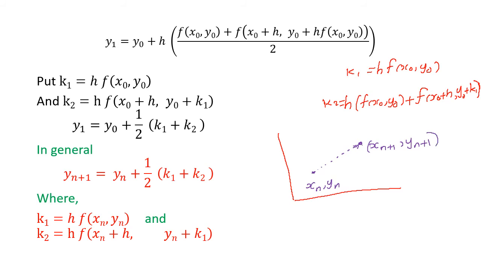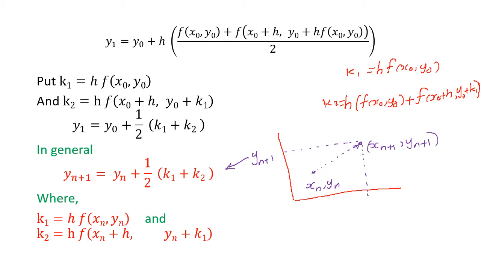That means you can evaluate the value of the function at xn plus 1, that is yn plus 1, using this formula. How will you calculate yn plus 1? Yn plus 1 is given by this formula, yn plus half k1 plus k2. Now what are k1 and k2?